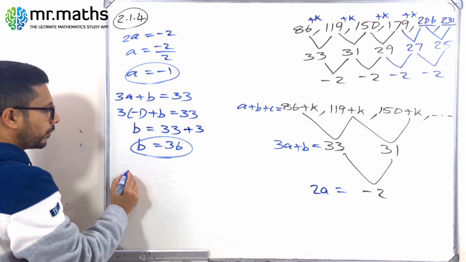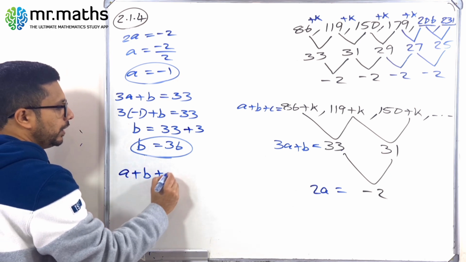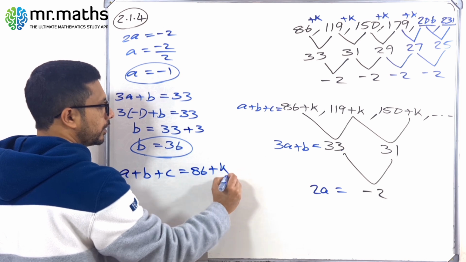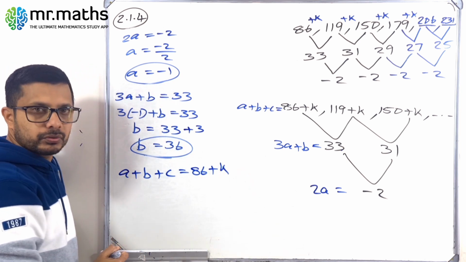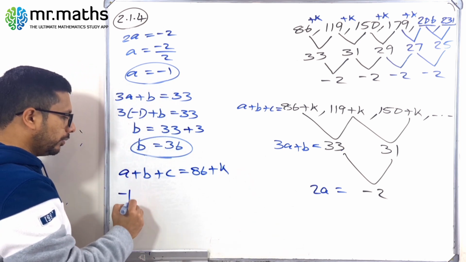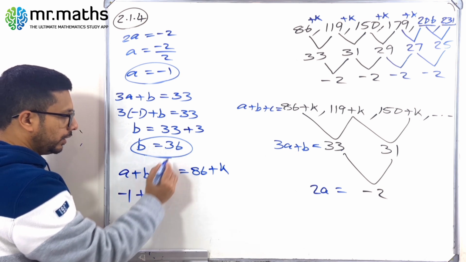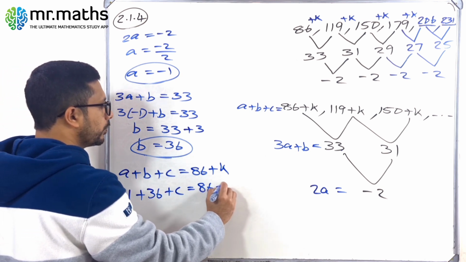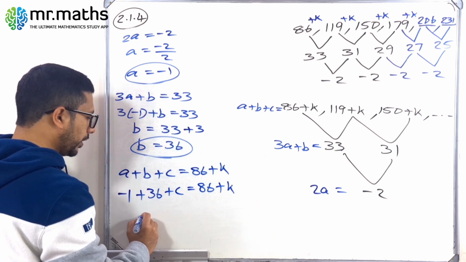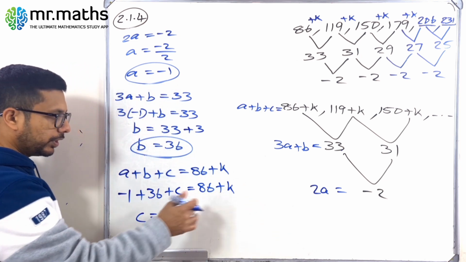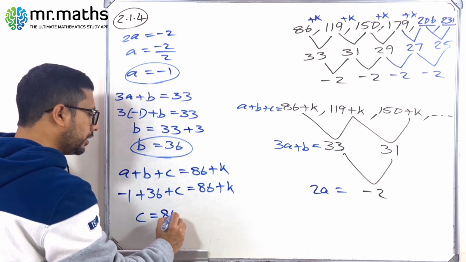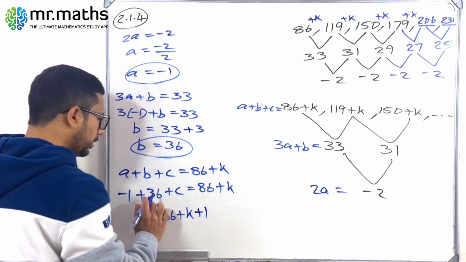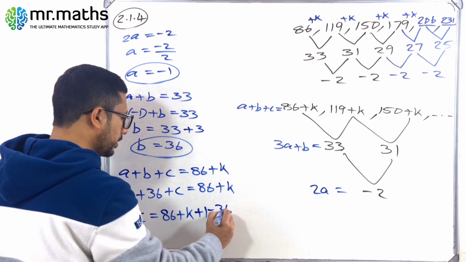Then the only difference is going to be here. So what is that one? a plus b plus c is equal to 86 plus k. That is the first term there now. So what is a? Minus 1 plus what is b? 36 plus c is equal to 86 plus k. So how can I find this c? Take everything to the other side. So it is 86 plus k, then minus 1 on the other side plus 1, and 36 on the other side minus 36.